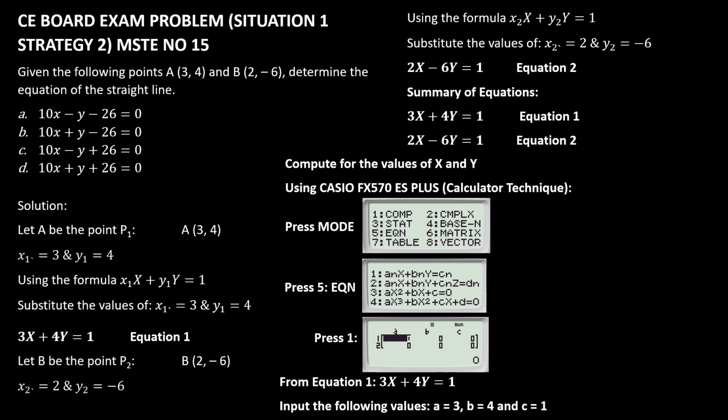From equation 1, 3x plus 4y equals 1, we have to input the following values: a equals 3, b equals 4, and c equals 1. As we can see now, all the values of a, b, and c are now recorded in our calculator.